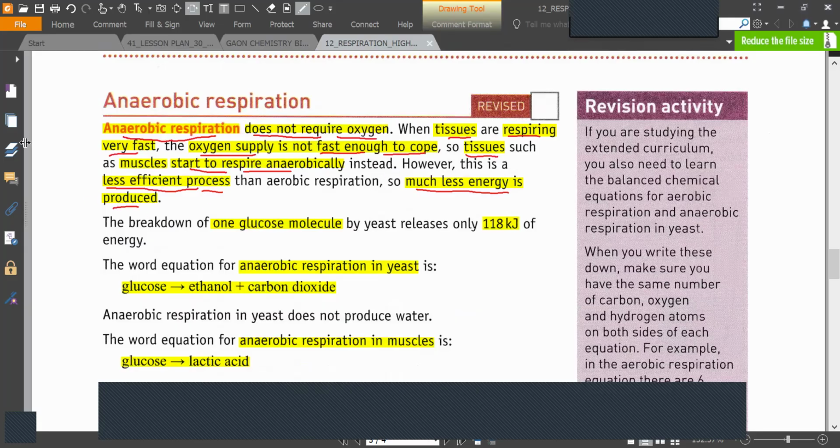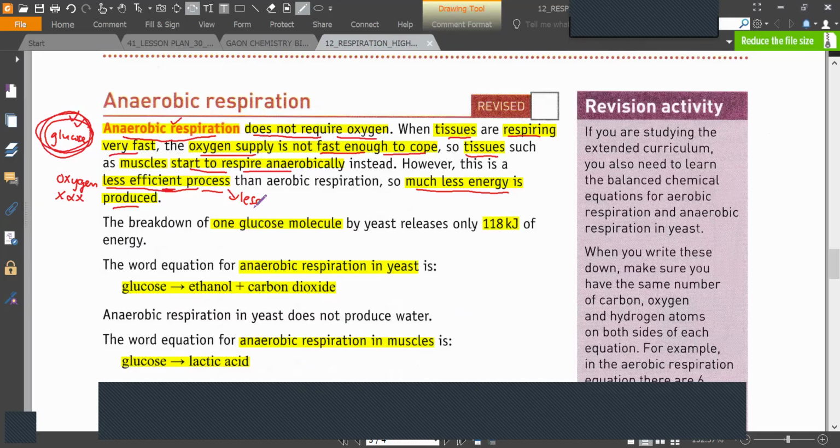So what happens in our body? We have lots of glucose, no problem. Glucose is enough. What we are lacking is oxygen. So although anaerobic respiration is less efficient and we get less energy, it's still okay.